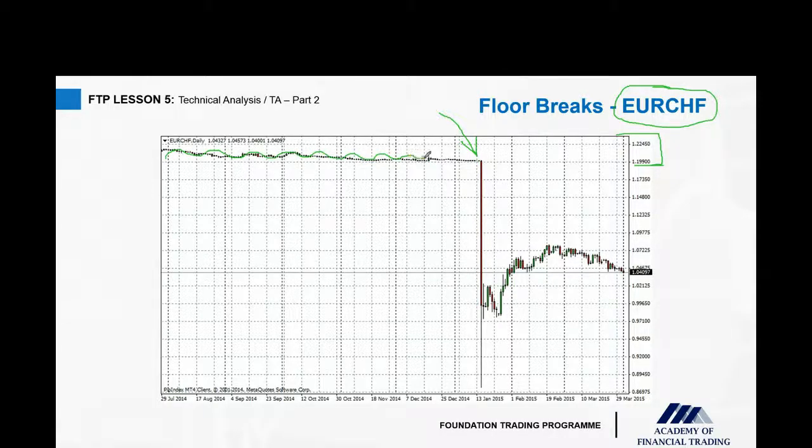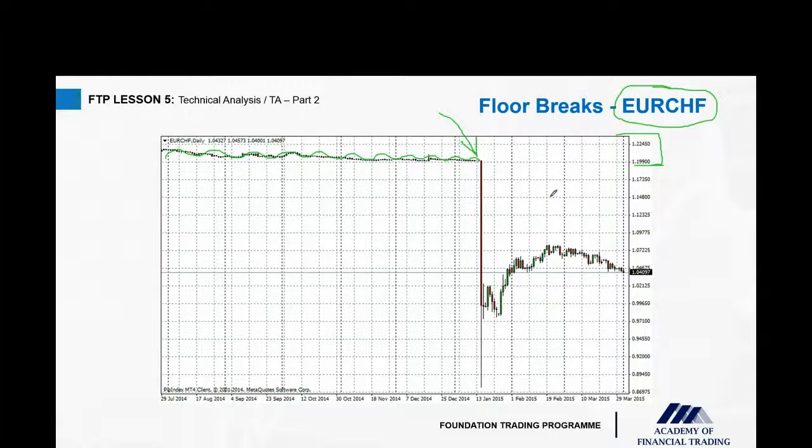It was that floor which was being supported on an ongoing basis by the Swiss National Bank. And then on the morning of the 25th of January, the president of the Swiss National Bank came out and he openly declared, he told everybody that they were no longer going to support the Swiss National Bank.